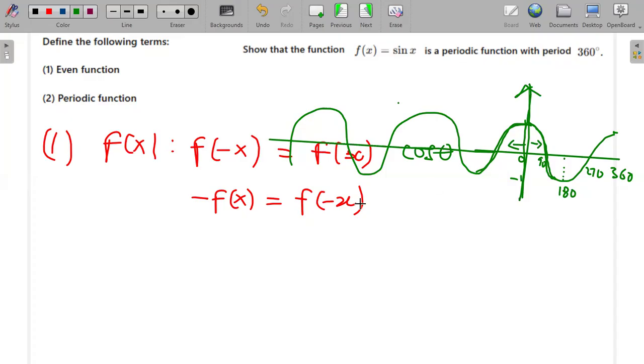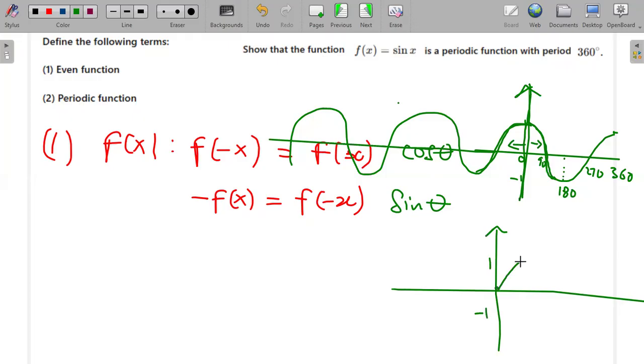And if it is odd, a good example is the sine function. If you draw the sine function, it starts at 0, goes to 1, turns back, and then ends at 360. So this is 360, where it peaks there is 90, here is 180, and down there is 270, that is minus 1.